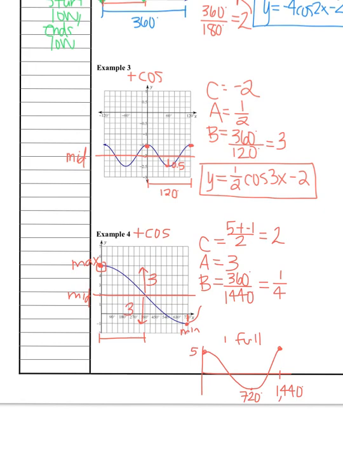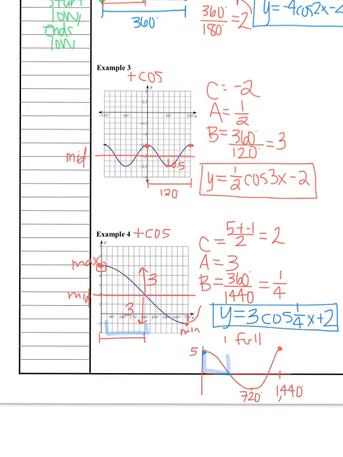It's only from here to here, which is 1/4 of that whole cosine curve. Okay, so now our final step is to write the equation of the graph. So y equals, it's a positive cosine and a positive 3 is the amplitude, so 3 cosine, our B value 1/4 times x, plus our midline 2.